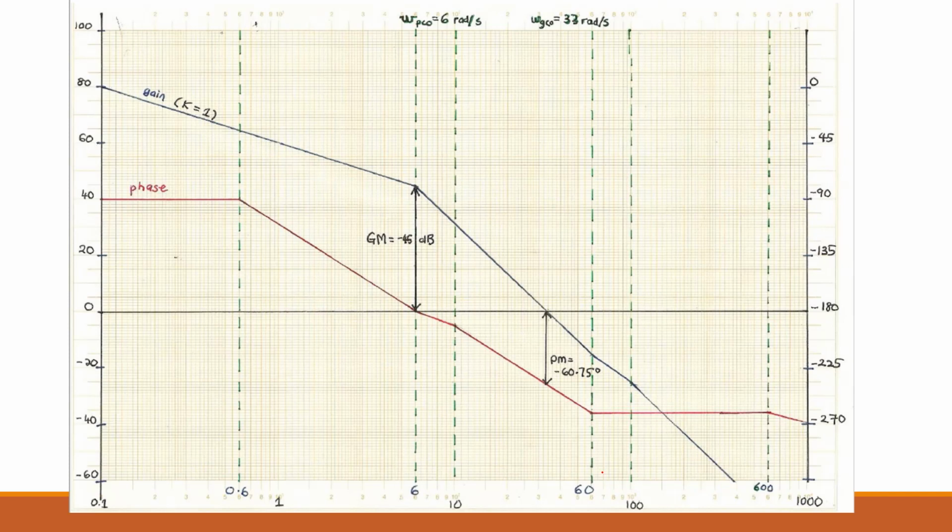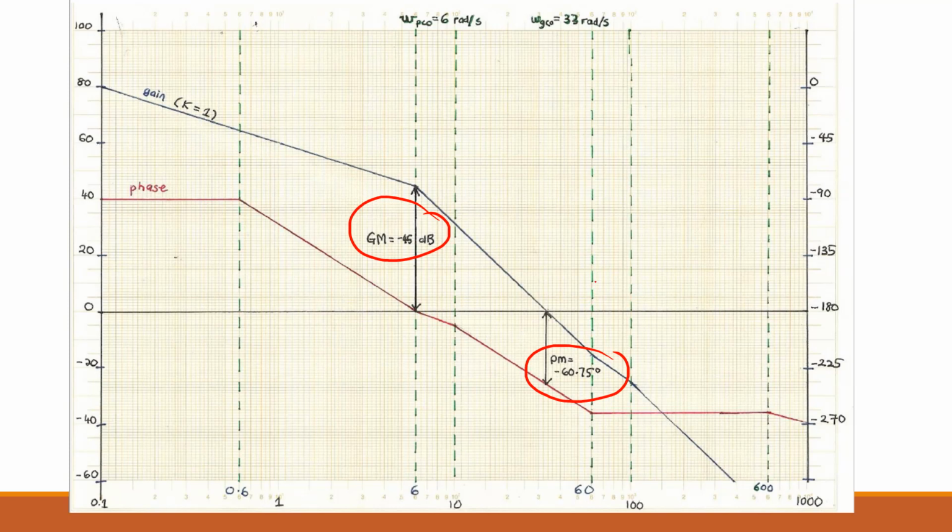This is what the Bode plot looks like before we add the compensator. We get a gain margin of minus 45 dB and a phase margin of minus 75.